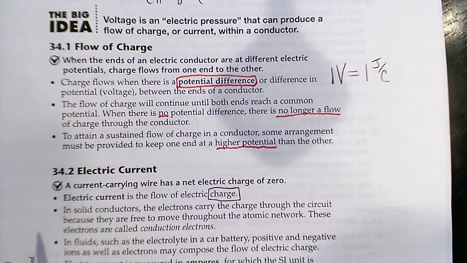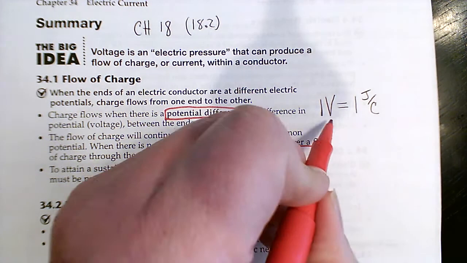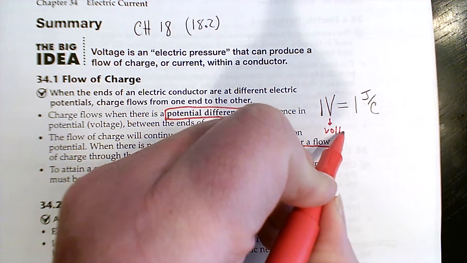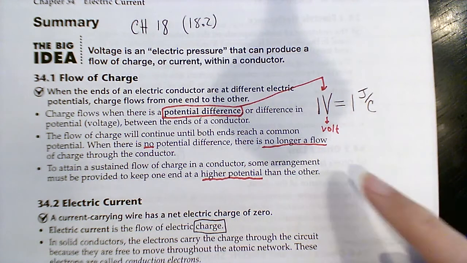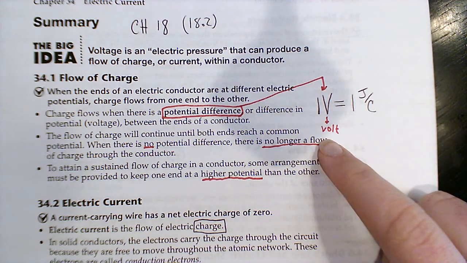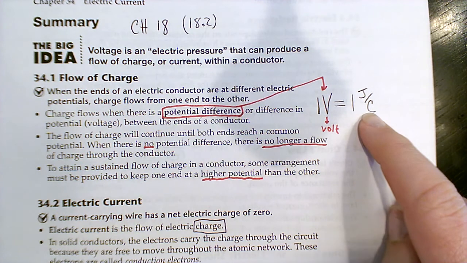I wanted to throw in here also, we have this unit of a volt. That's what we measure the potential difference in, volts. And 1 volt is a difference of 1 joule of potential energy per 1 coulomb of charge.